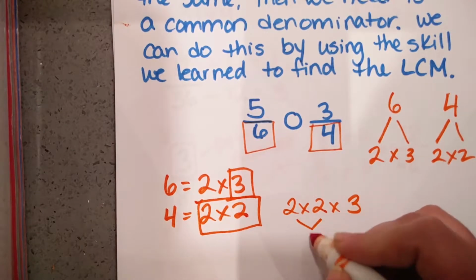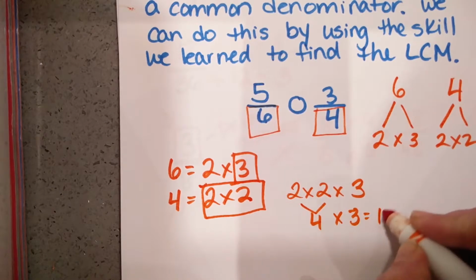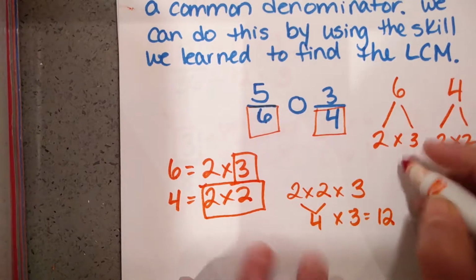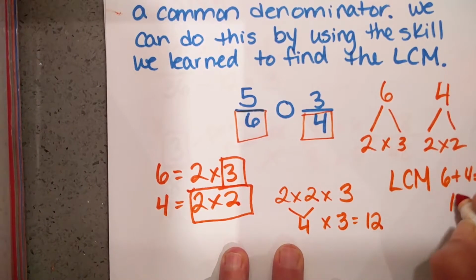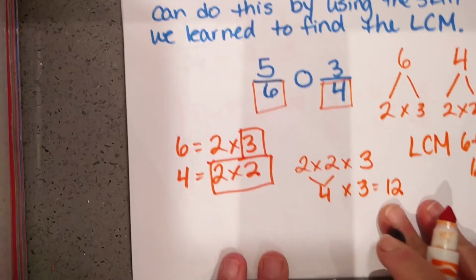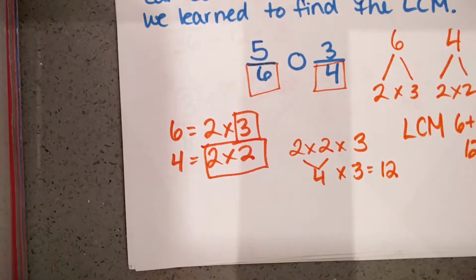If I take 2 times 2, that gives me 4. 4 times 3 gives me 12. So now I know that the lowest common multiple of 6 and 4 equals 12. The next thing I think in my head is, what do I have to multiply the 6 by in 5/6 to get to 12?